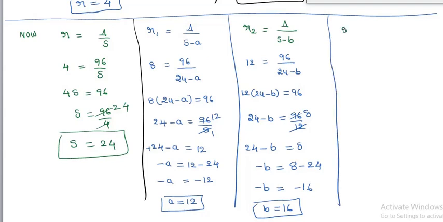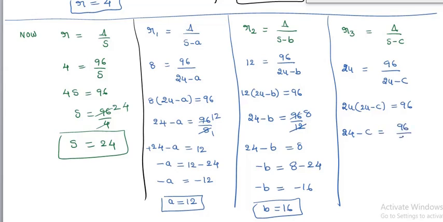Next, R3 is equal to delta by S minus C. So R3 value, how much? R3 value is 24. 96 by 24 minus C. 24 into 24 minus C is equal to 96. 24 minus C is equal to 96 by 24, which is 4.